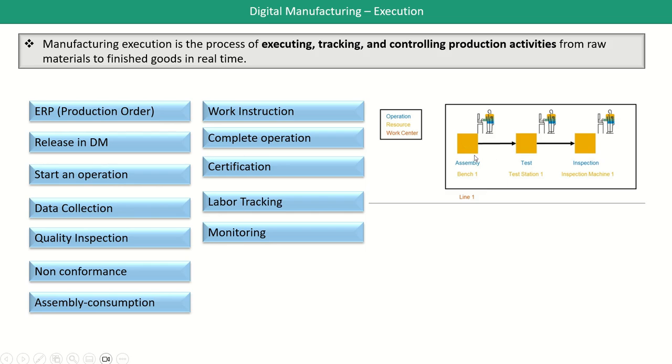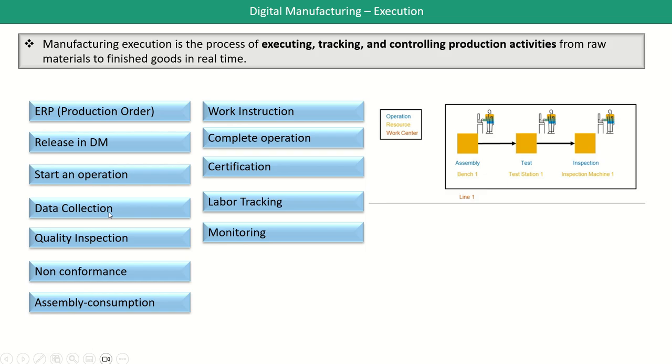So the operator can start and complete that particular operation and perform the task. This is the activity performed by the operator, and it will also be recorded who started this operation, when, and who completed it.